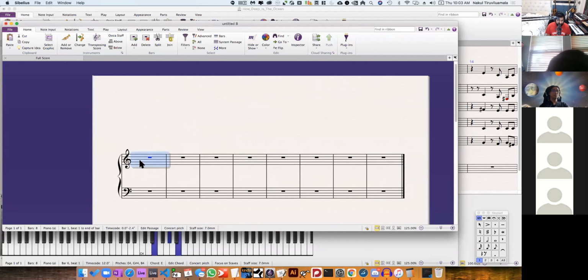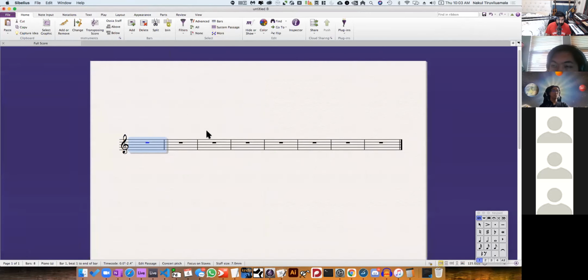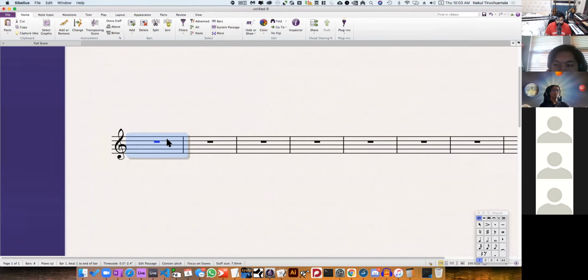Okay, so I want to actually play a major scale for you. Oh, whoa, that's not correct. Right, so right here, this is a C major scale.